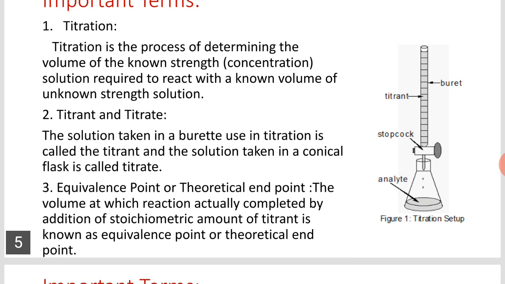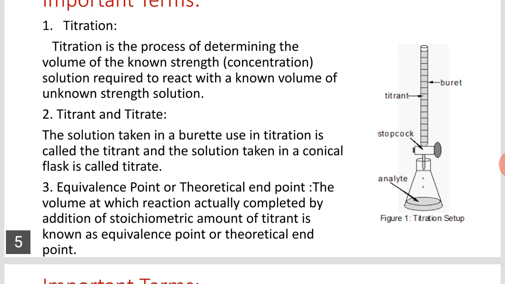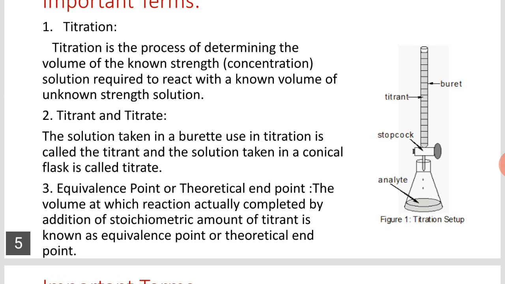Okay. Now, when we add the burette solution, that is the titrant, to the conical flask solution, which is the titrate, the reaction between these two takes place, and we can observe the completion of the reaction by a color change in the conical flask.